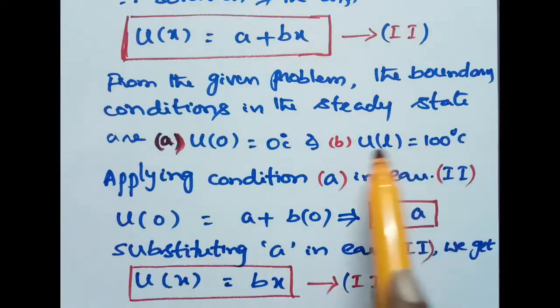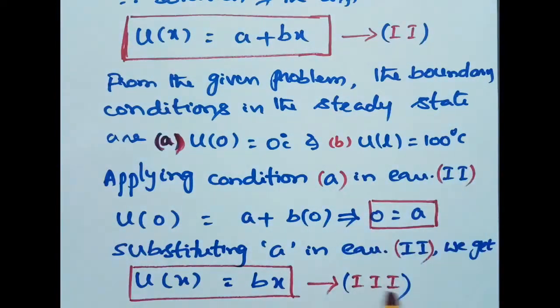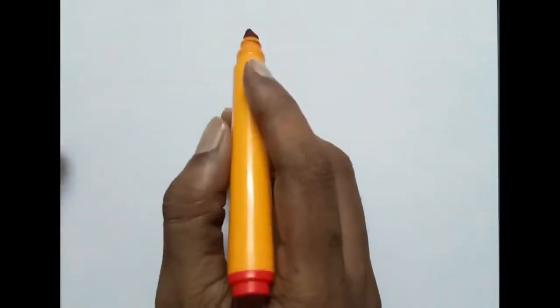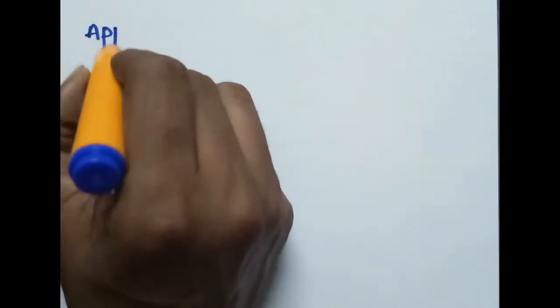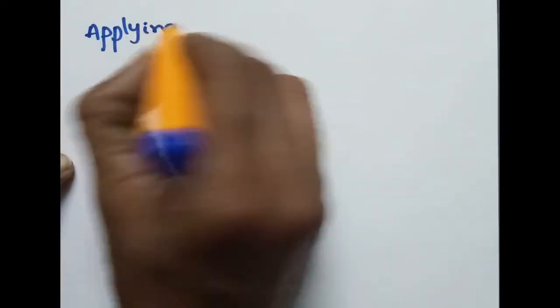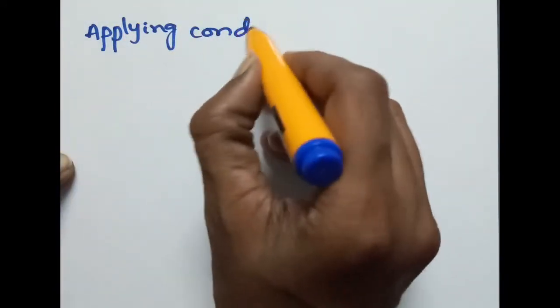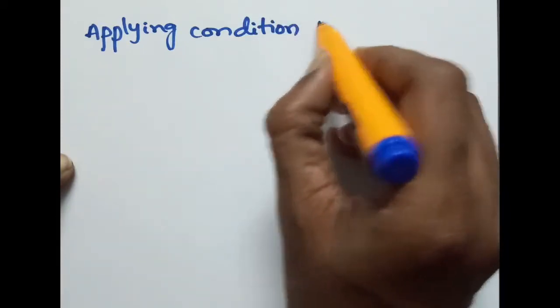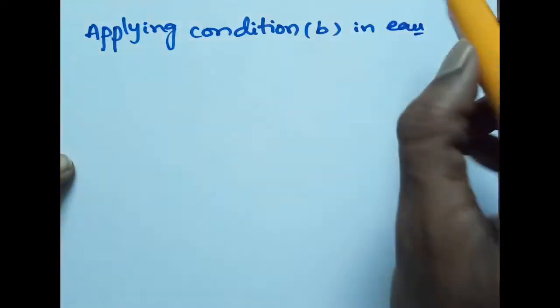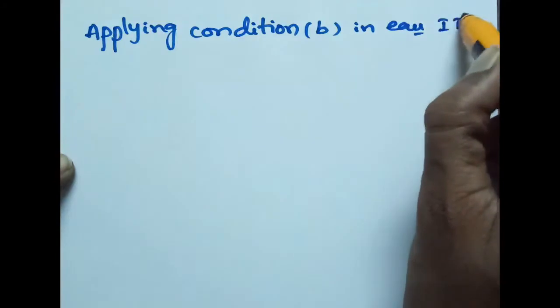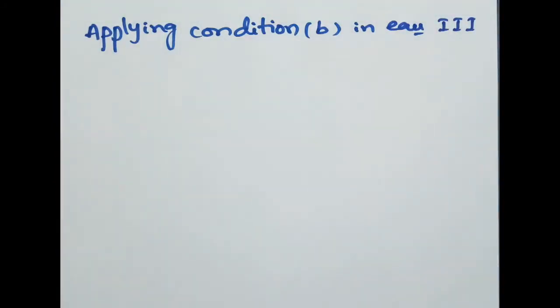Now applying condition B in equation 3, that means put x = L and then substitute u(L) = 100 degrees centigrade.